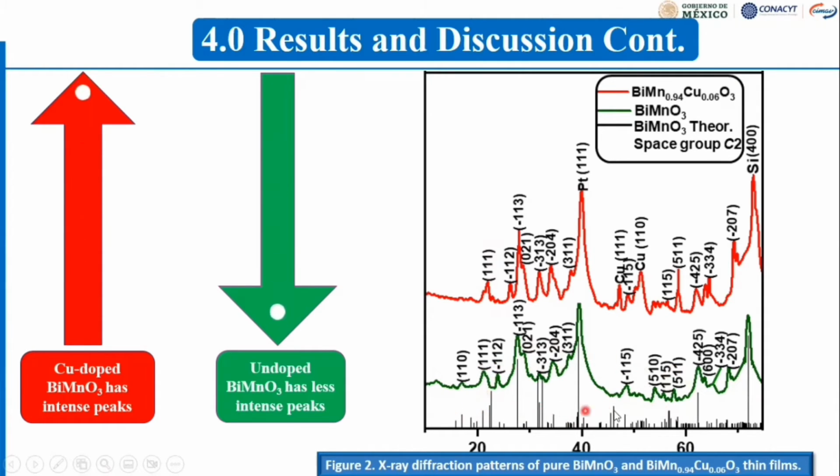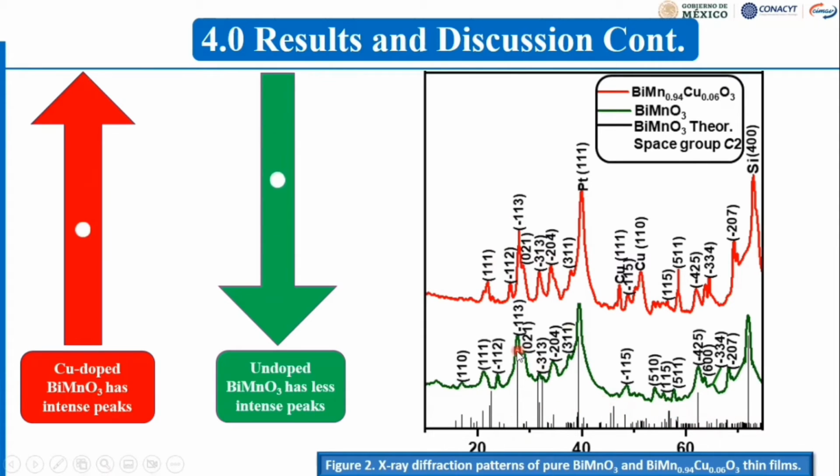This is the theoretical bismuth manganese oxide, which was also simulated to match with the pure bismuth. And here is the copper-doped bismuth manganese oxide. The matching here was done using a PDF card of monoclinic C2 space group bismuth manganese oxide from the theoretical here.